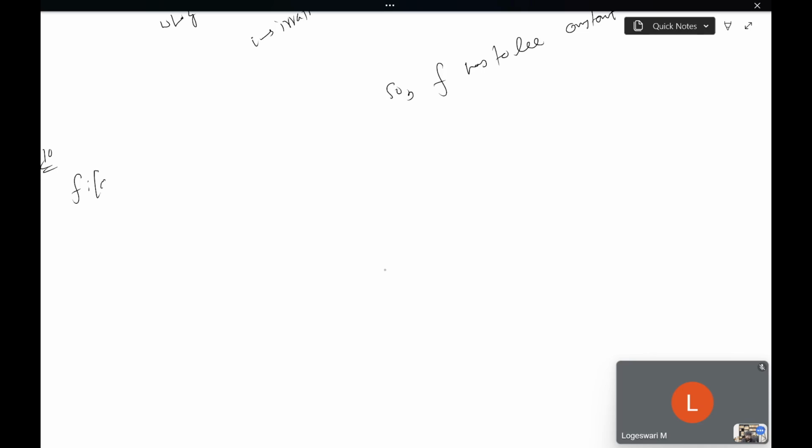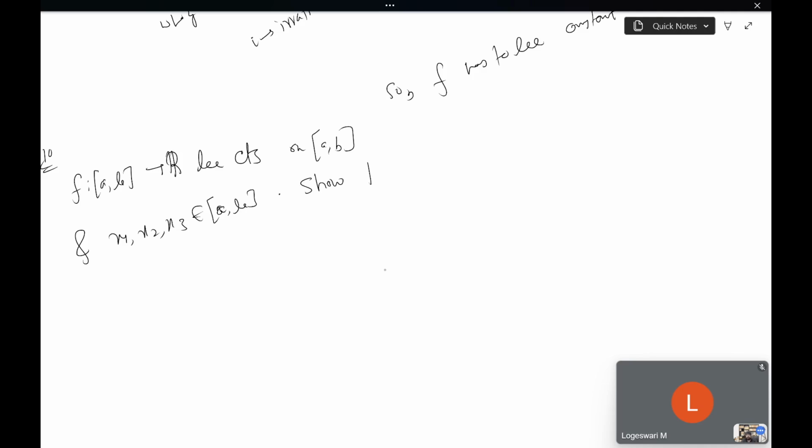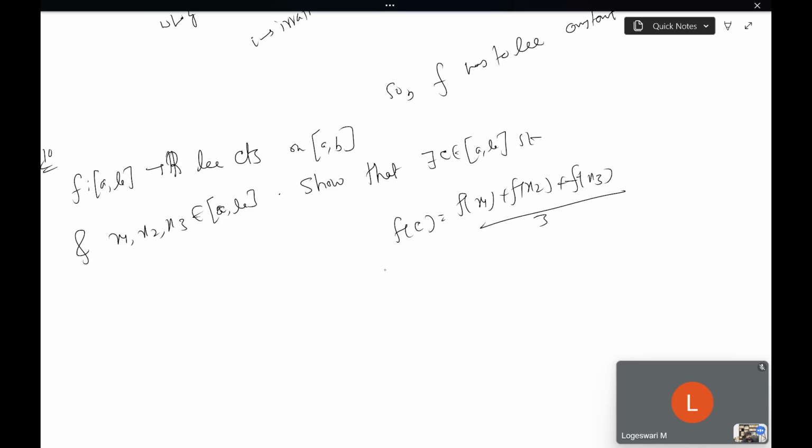So let f from A to R be continuous, and x1, x2, x3 belong to A. Show that there exists c belonging to A such that f(c) is equal to (f(x1) + f(x2) + f(x3))/3.